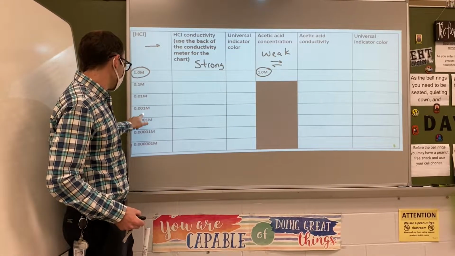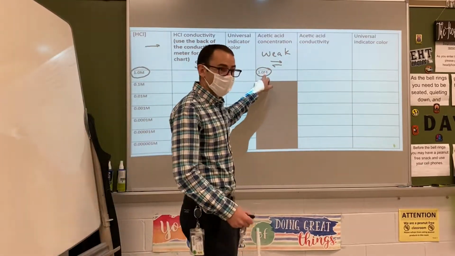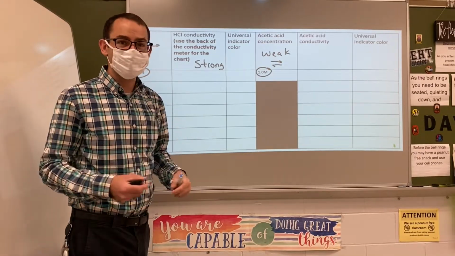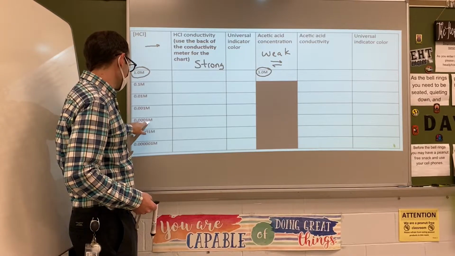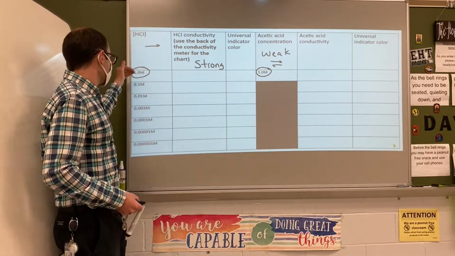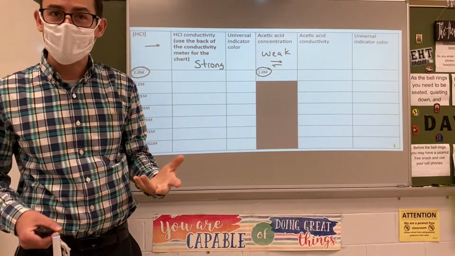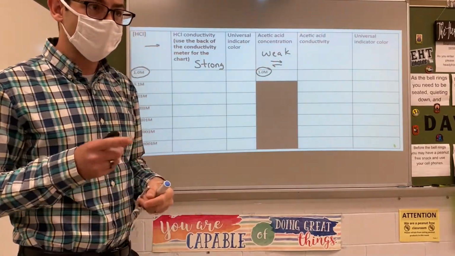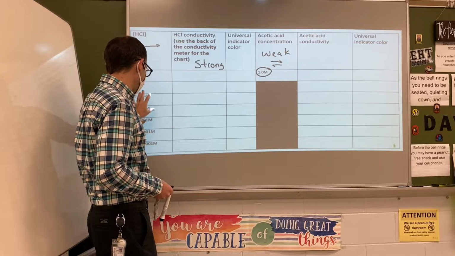We're going to try to figure out which one of these pairs up with the 1 molar acetic acid, meaning we can figure out how weak acetic acid is, comparing it with all of these different hydrochloric acids. So the other thing we're going to do is we start off with 1. To get it to 0.1, we're going to dilute it, and then we're going to dilute it again. We've done this before in lab, so we're going to do a dilution here, and that'll help us figure it out.